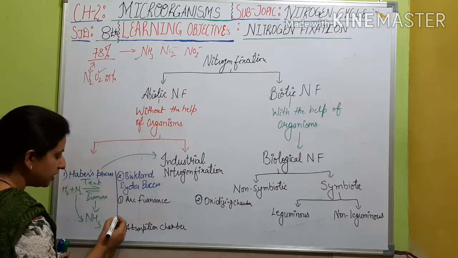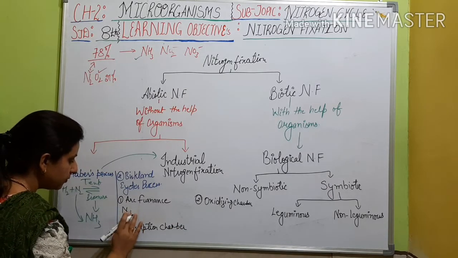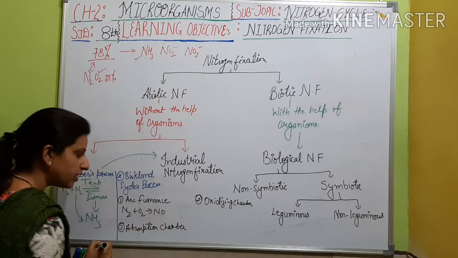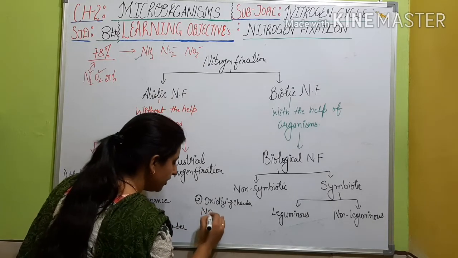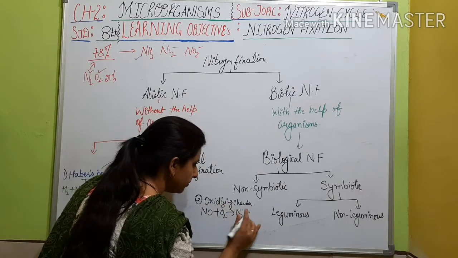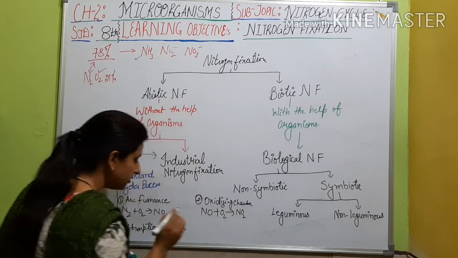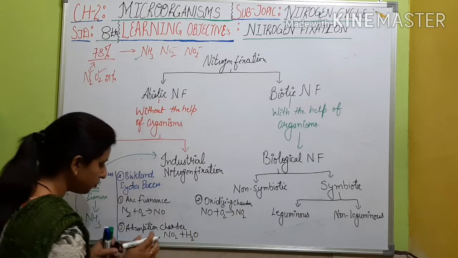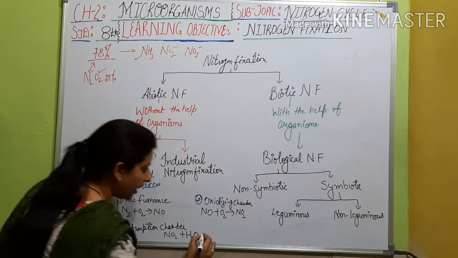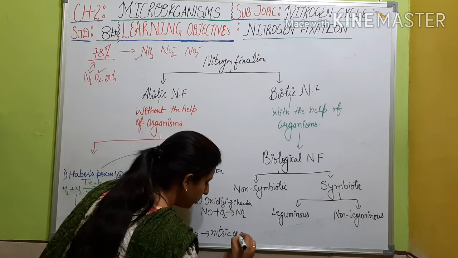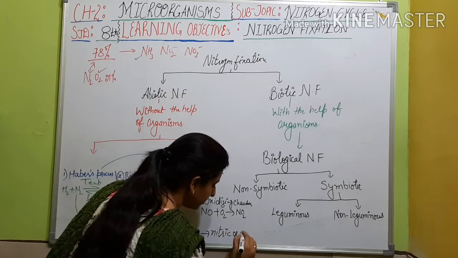So in the arc furnace, nitrogen and oxygen combine and form nitrogen oxide. Again this nitrogen oxide combines with more oxygen and forms nitrogen dioxide. Now this nitrogen dioxide combines with water, because it's the absorption chamber, so it will absorb water and convert into nitric or nitrous acid.